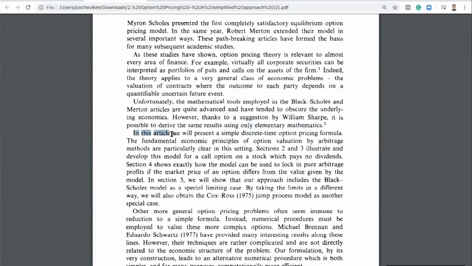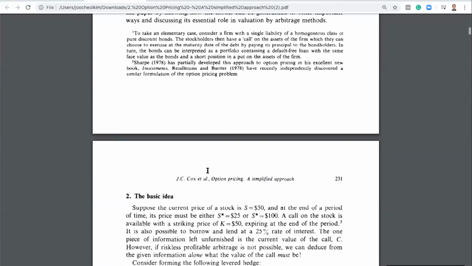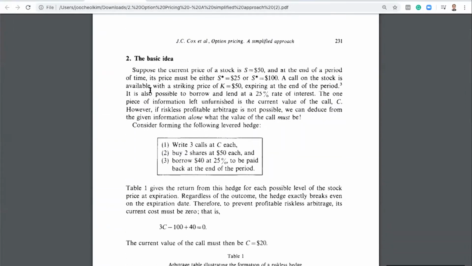So in this paper, the CRR will present a simple discrete time option pricing formula, and the fundamental economic principle of option pricing by the arbitrage method is particularly clear. So that is the end of the introduction of this paper. And then later they said the next sections explain this kind of thing and this kind of thing. So we are moving on to section 2, the basic idea.